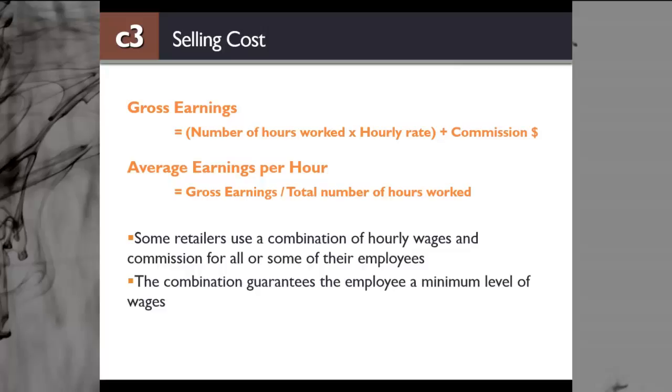Some retailers use a combination of hourly wages and commission for all or some of their employees. Maybe you already had this kind of experience, or you will, right? So now you know how that works in the retail field. The combination guarantees employees a minimum level of wages, plus you also get commission in addition to it.